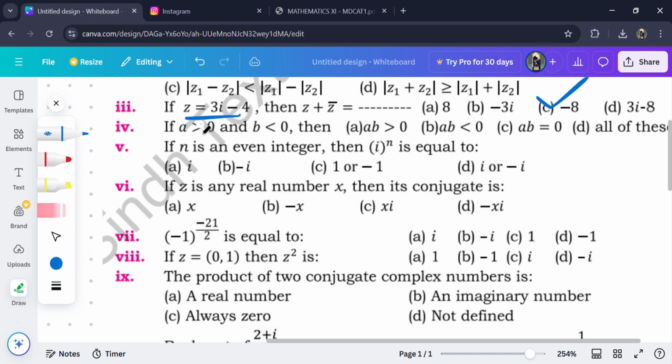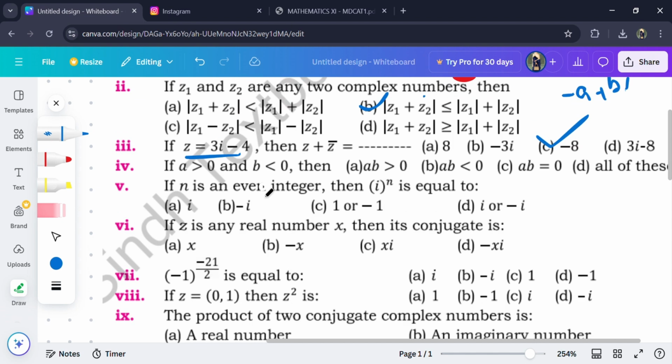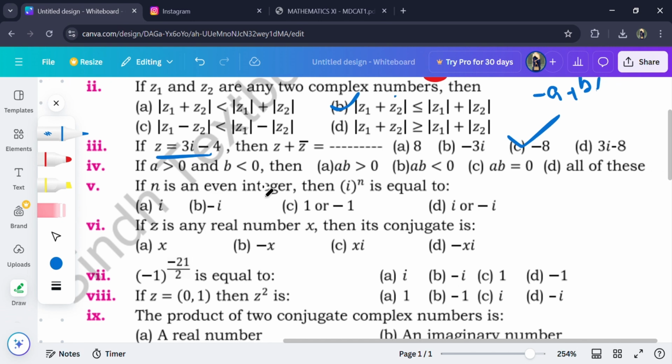Then we have the fourth question. If A is greater than 0 and B is less than 0, what conditions would be applicable?